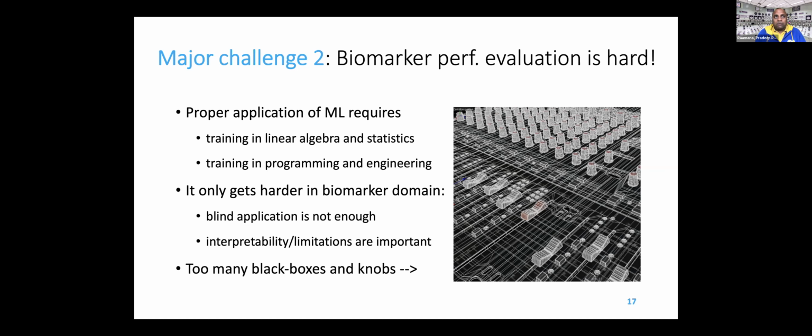But once you have such a biomarker candidate, how do we know that it's actually useful, right? Like I mentioned, generalizability is tough because often you're not learning the full changes caused by the disease because you don't have enough samples, right?